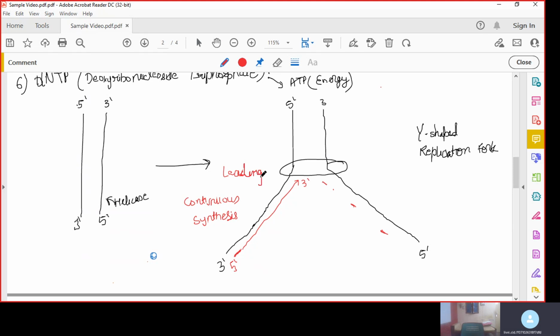So the DNA is synthesized continuously in the leading strand. Now you see this is the primer 5'. Here it was 3', so now 5' to 3' synthesis occurred. Again 5' here, further synthesis occurs till 3'. Now again 5' till here.